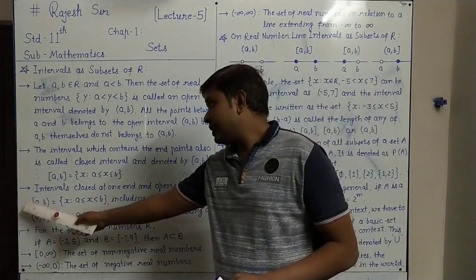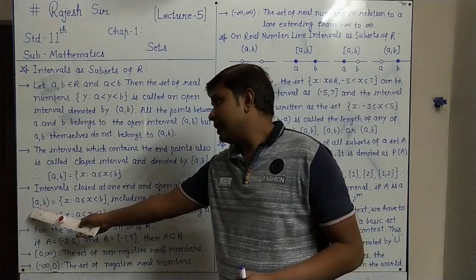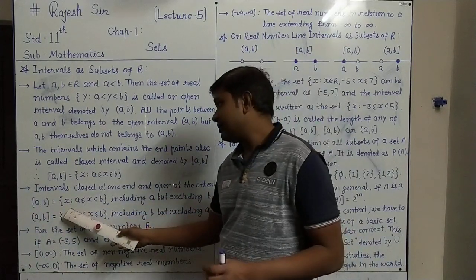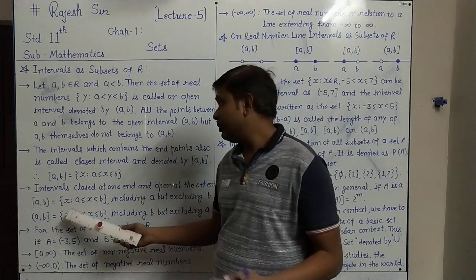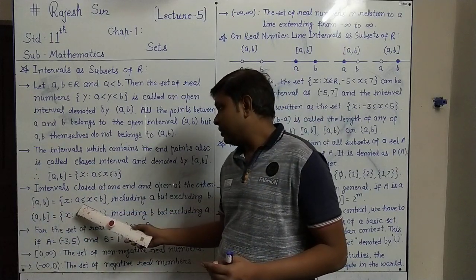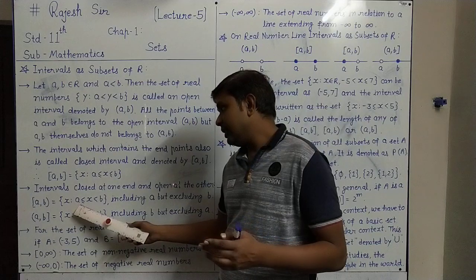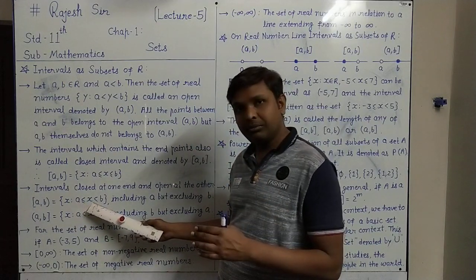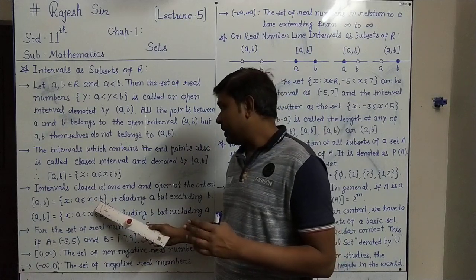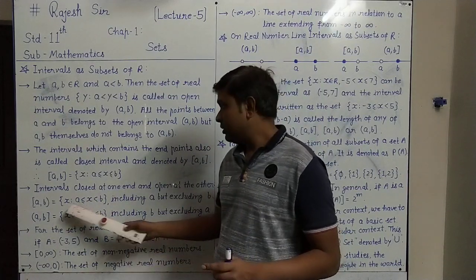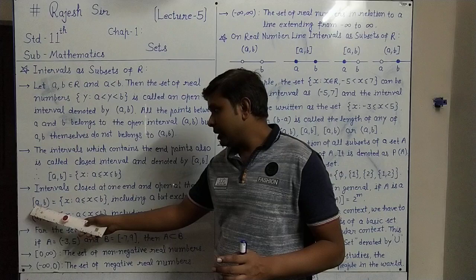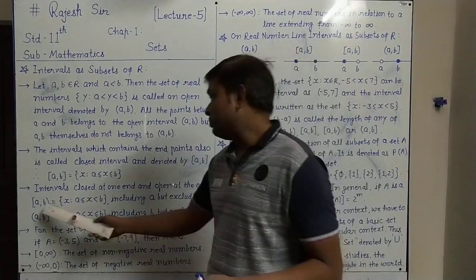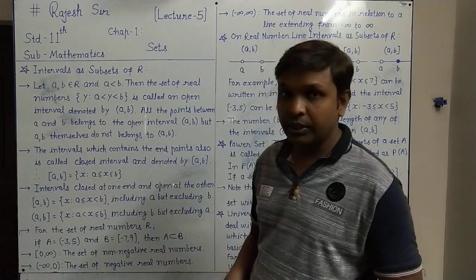Here it is a closed bracket at A and open at B. That means X such that A is less than or equal to X less than B. A or greater numbers will come, and numbers less than B only. The endpoint A is in the interval, but B is not in the interval, it is excluded.